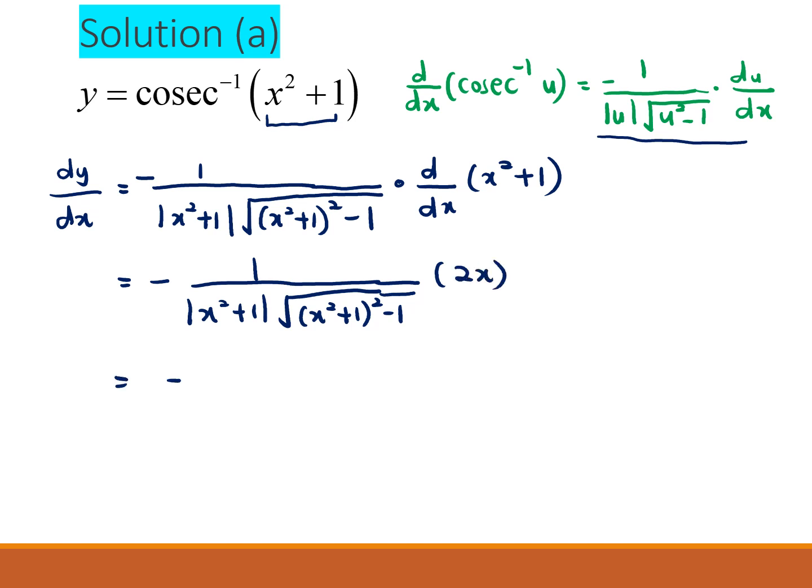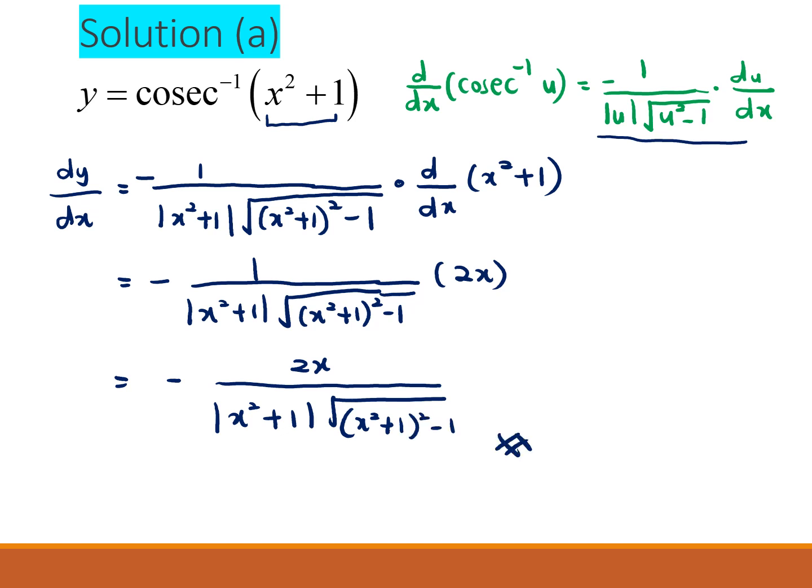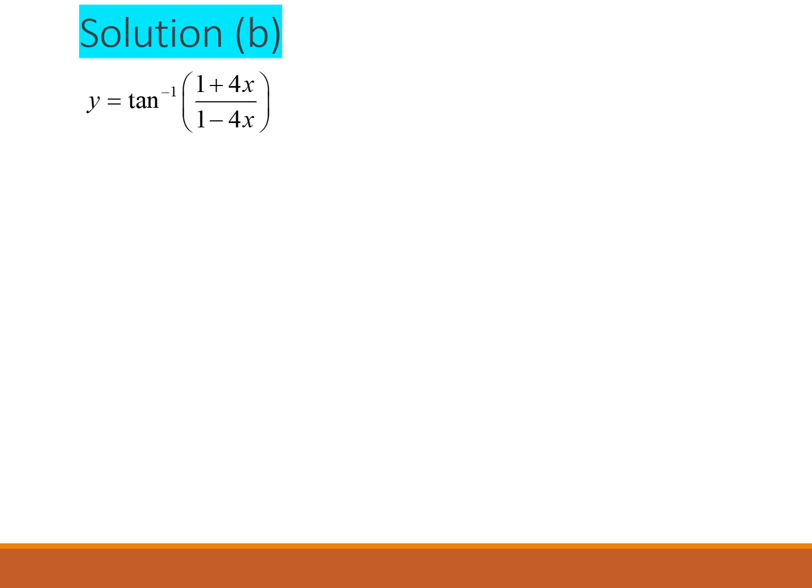So we rewrite this. We get the derivative of cosecant inverse of x squared plus 1 is equals to this.